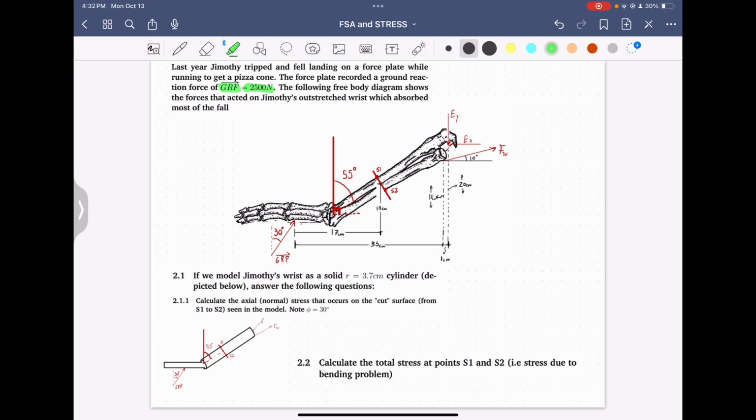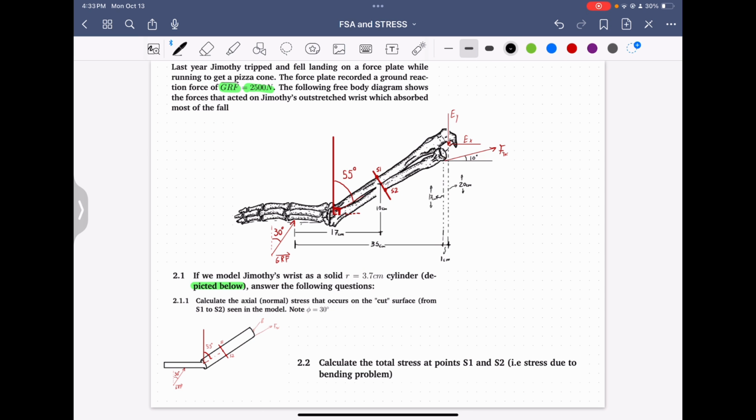If we model Jimothy's wrist as a solid radius 3.7 centimeter cylinder depicted below, answer the following questions. So we see our nice cylinder here. And the first question is: calculate the axial stress that occurs on the cut surface from S1 to S2. So basically axial stress on this surface.